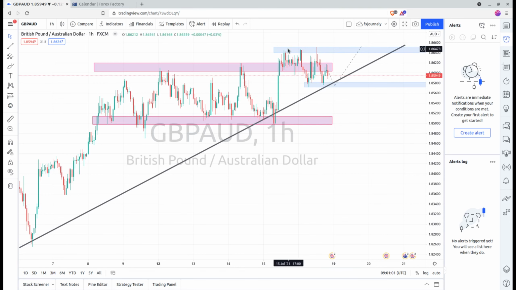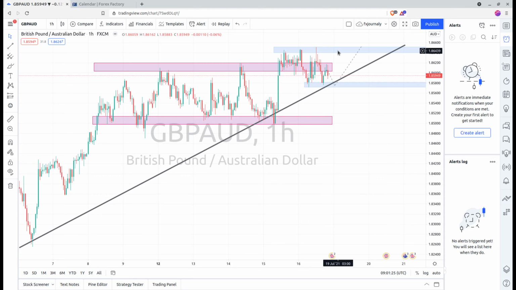Now, how significant is this resistance level going to be? Well, next week is going to tell us. But this is what we expect for next week, because let's keep in mind overall, GBPAUD has been in an upward trend. As a matter of fact, it's been in an upward trend since April.